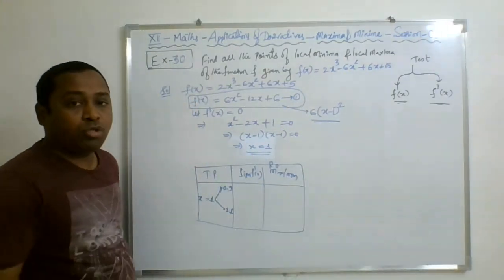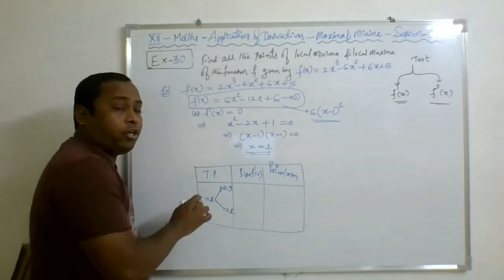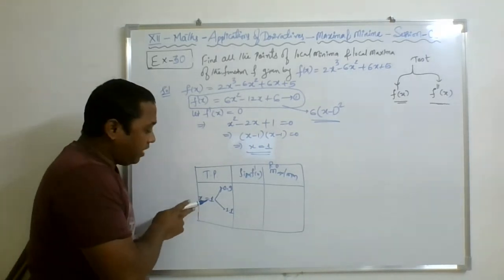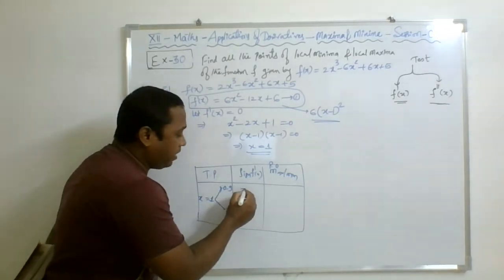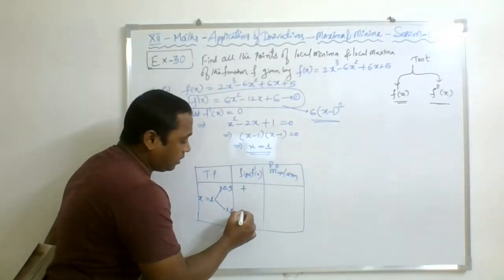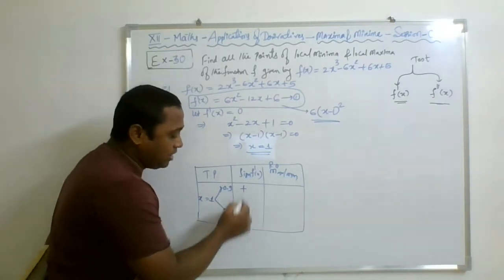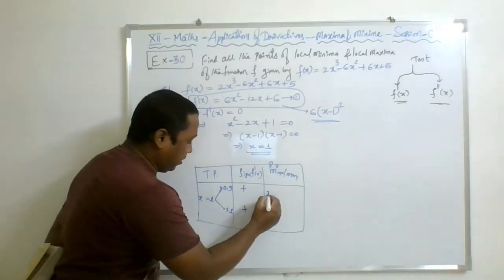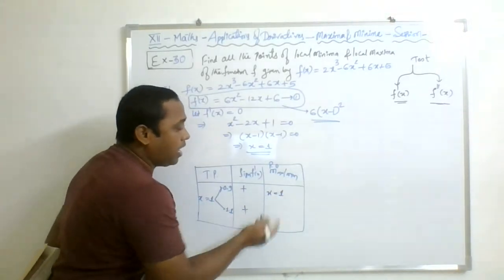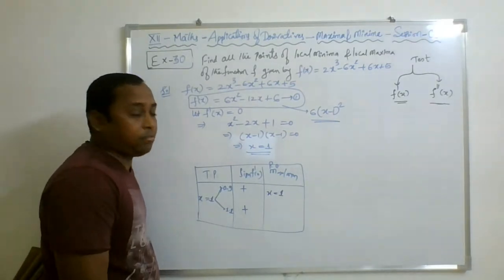There is no change in the sign of the derivative whether you substitute a value less than 1 or greater than 1. The derivative is positive at both points, hence x is equal to 1 is neither a point of minima nor a point of maxima.